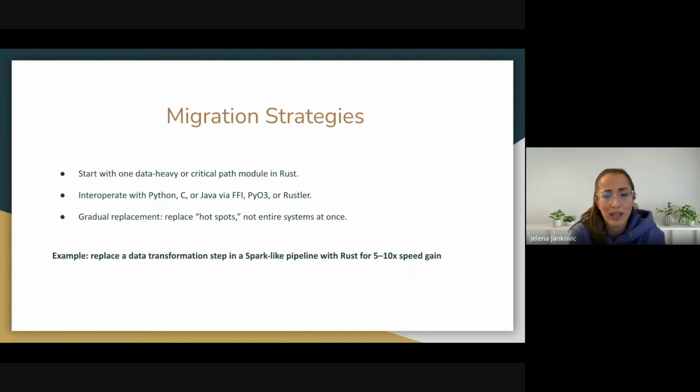So you can start by rewriting hotspots, critical or slow modules in Rust, while keeping the rest in legacy code. Yes, and here I just provided an example that you can replace a data transformation step in a Spark-like pipeline with Rust for a 5 to 10 times speed gain. Yes, this is important if you work with large amounts of data, and if the data is also distributed, then you would probably get familiar with Apache Spark as well.